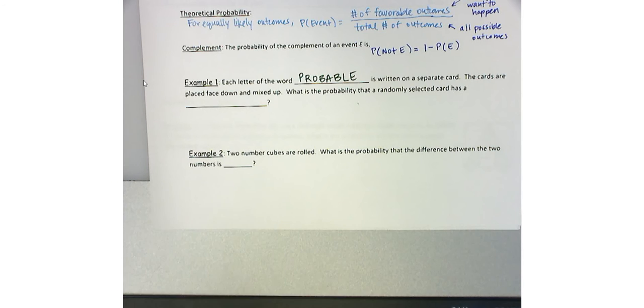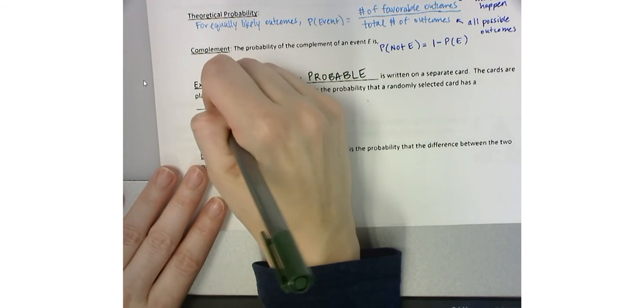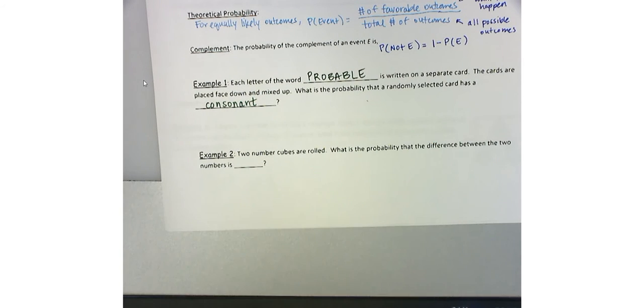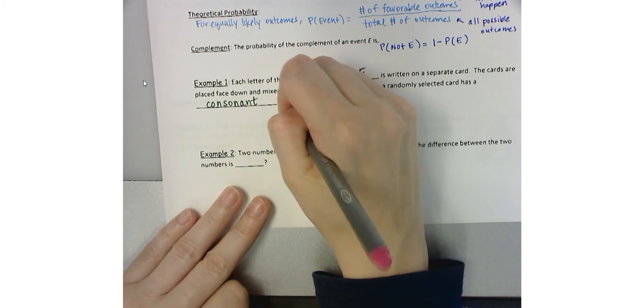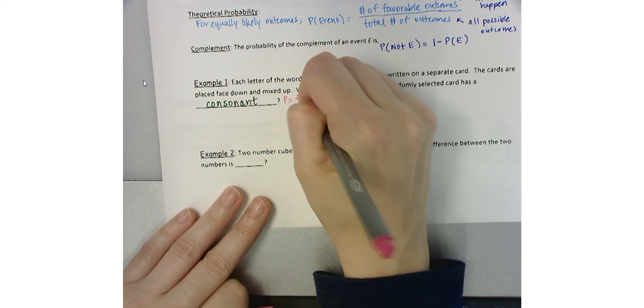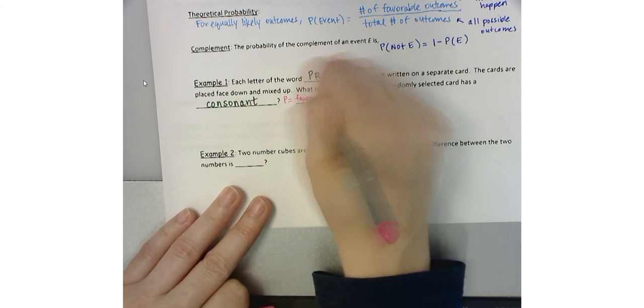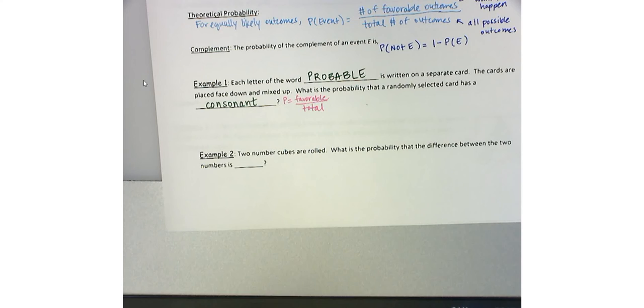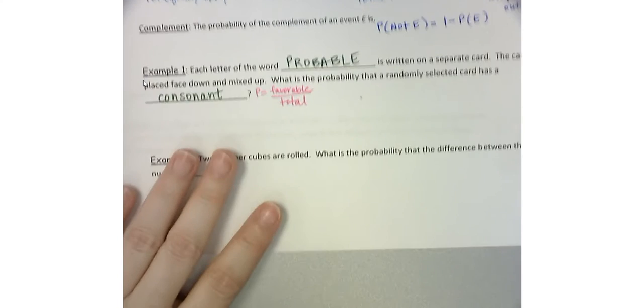Do you know what a consonant is? Not a vowel. So we're going to do the favorable over the total. Normally I will find the total first, and that is usually simpler to find. To find the total, we just have to know how many total letters there are. How many total letters are there? 8.